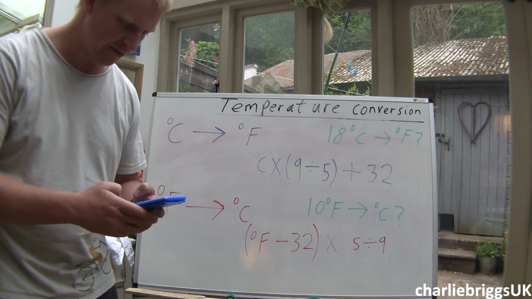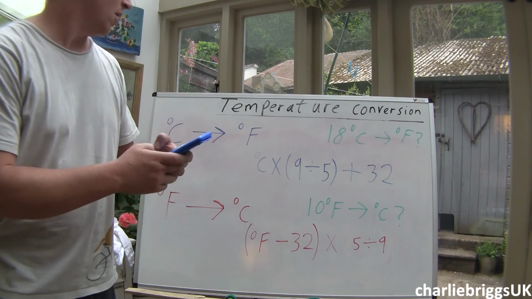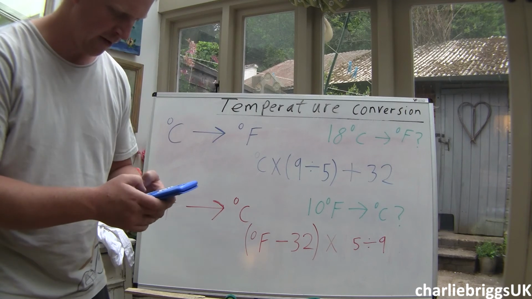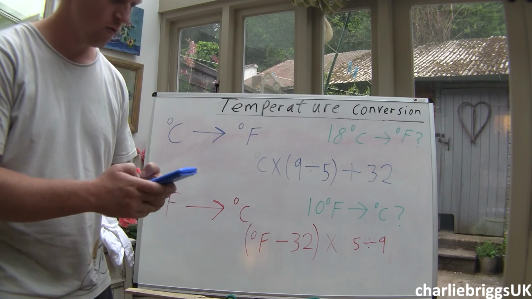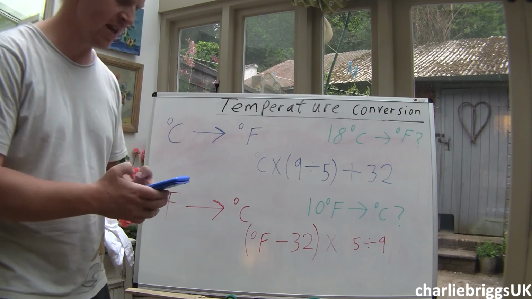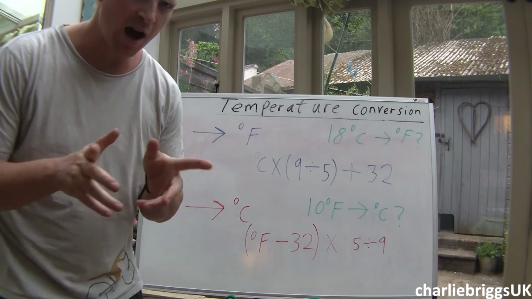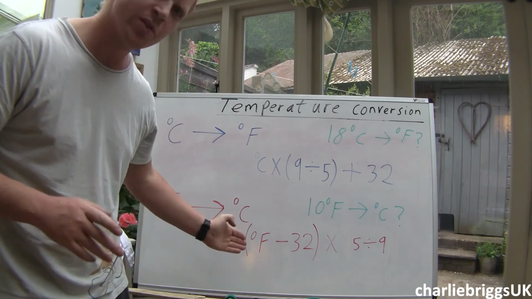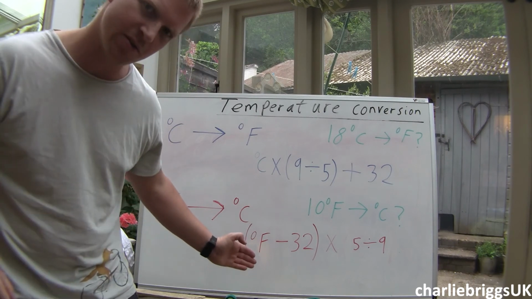So negative 22 multiplied by 5 divided by 9. Okay, so the answer is negative 12.